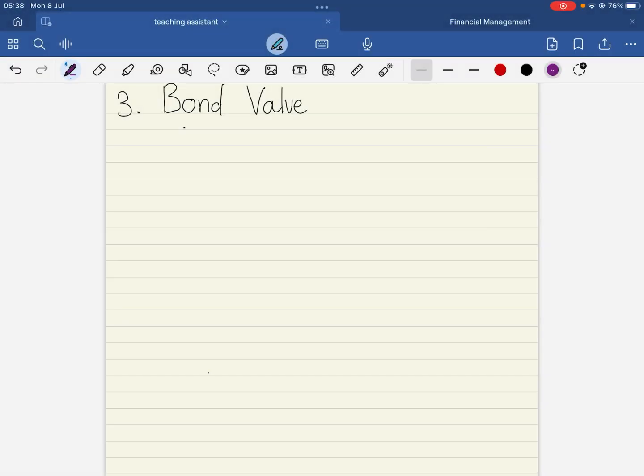Thanks to the previous example, we already know how to calculate the bond value or the bond price. So now I will give out the general formula.